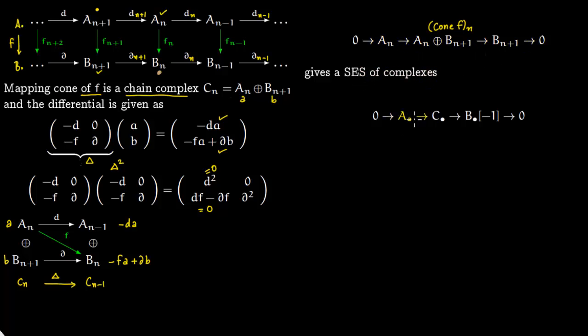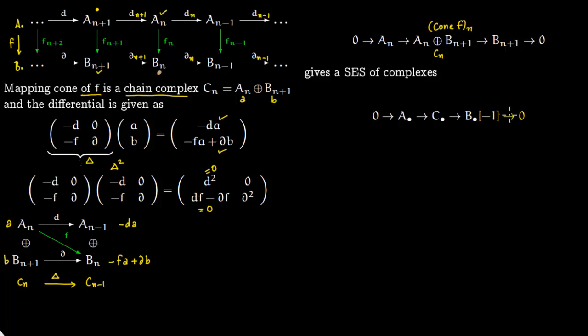You get complex A, this C complex corresponds to this, and then you write B complex minus 1 to denote that we have n plus 1 here, not Bn. In general, if you just write B complex, that means we are going from An to Cn to Bn. The Cn is this part. But we are not going to Bn, we are in fact going to Bn plus 1 as denoted by here. Therefore you write minus 1 here.